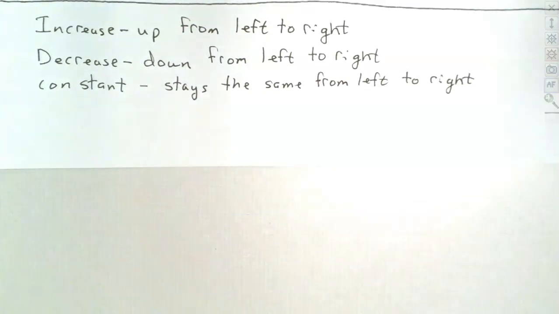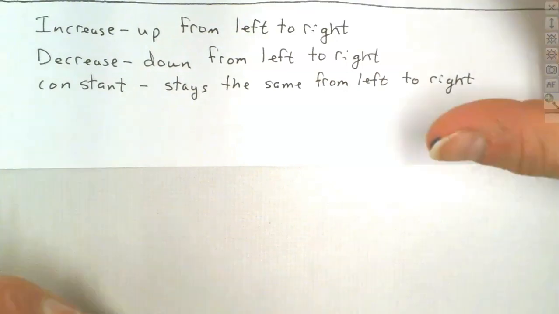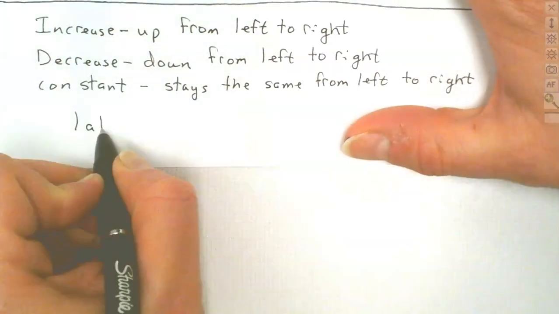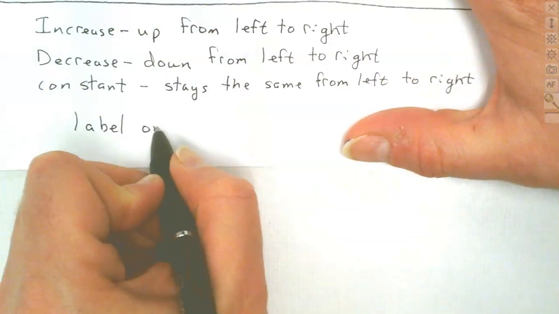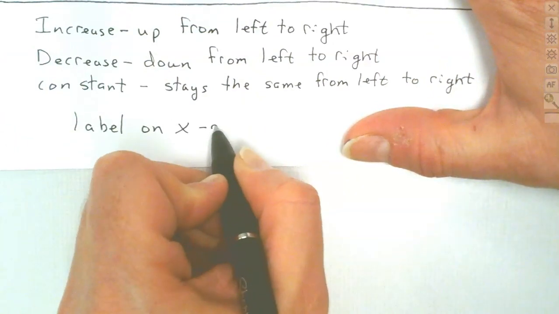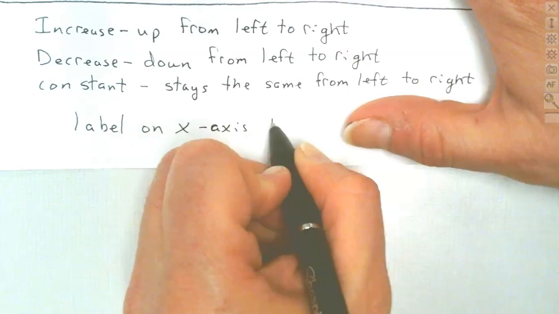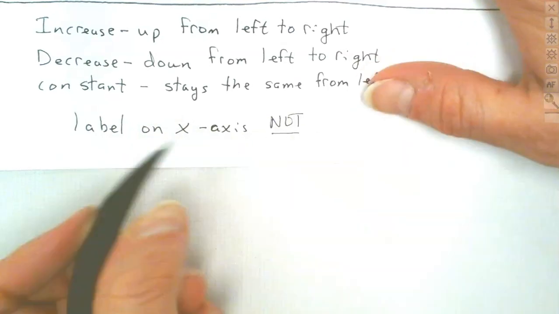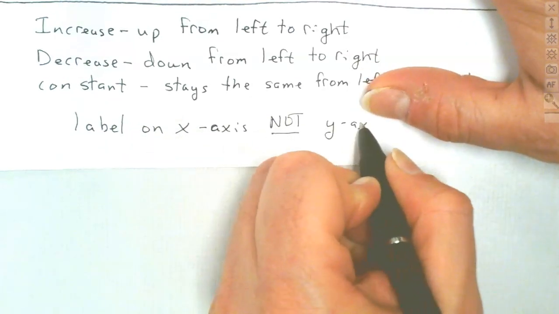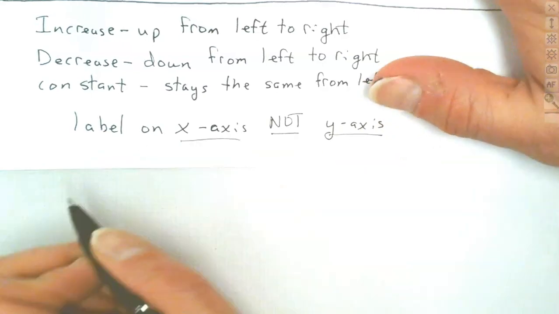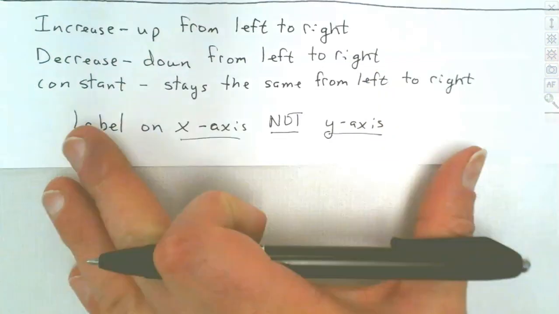Now, when we look at increase, decrease, and constant, we label, very important here, on the x-axis, not the y. So you're going to label this on the x-axis, not the y-axis.